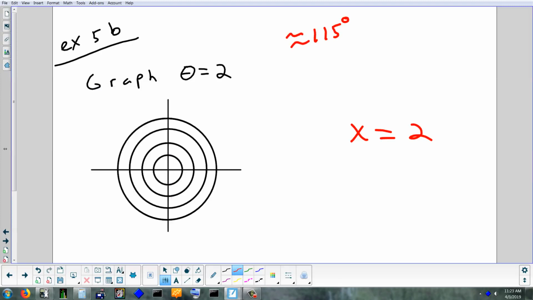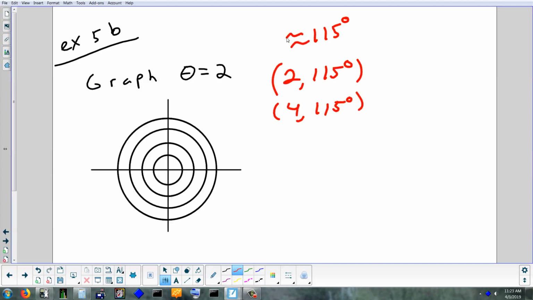The radius can be anything. So you could graph 2, 115, 4, 115. You could also graph -3, 115. Graph every single point you can think of that has an angle of 115. So let's start to do that and see what it looks like.